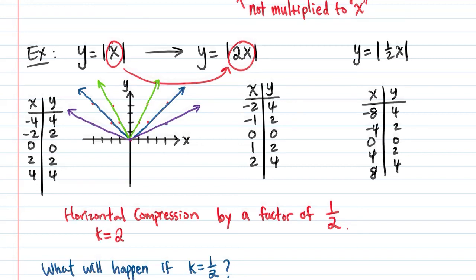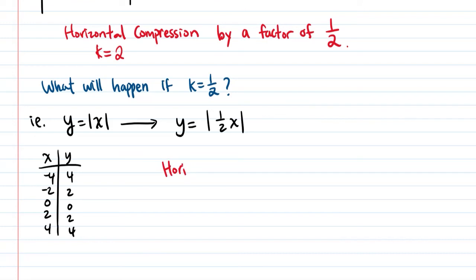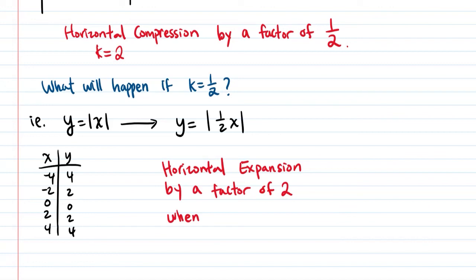It's doubled. So when the k is half, the graph is doubled. When the k is 2, the graph is shrunk by half, which is 1/2. So you can say horizontal expansion by a factor of 2 when k is 1/2.